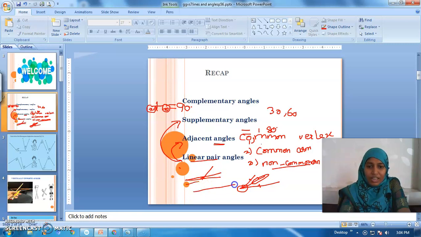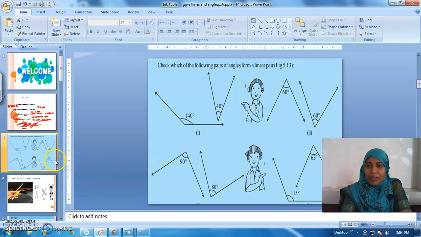If you have a straight line divided into angles, then these angles are called a linear pair because the sum of the two angles is 180 degrees. Whenever we have a linear pair, surely you will have a line. The word line is there in the word linear. This itself indicates that one straight line will be there in linear pair angles. Is it clear, children? Now shall we move to the next?